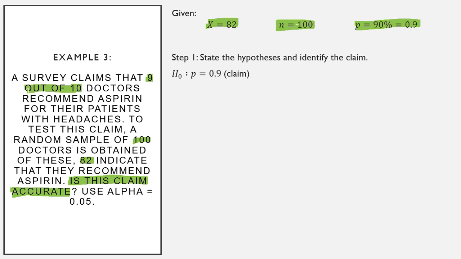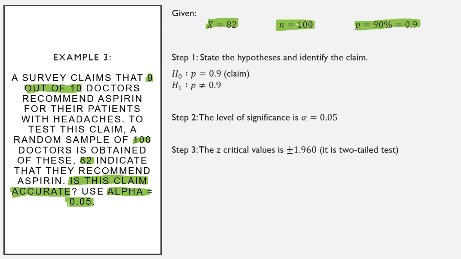Siyempre, kapag equal, ang inverse nun, not equal. So that will be the alternative hypothesis. And then by the use of those signs, we can conclude that this example is a two-tailed test. Okay? Step number 2, just identify the level of significance. It was given on the very last part of the word problem.